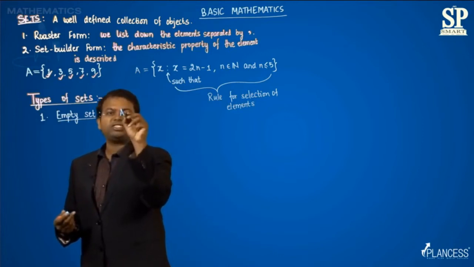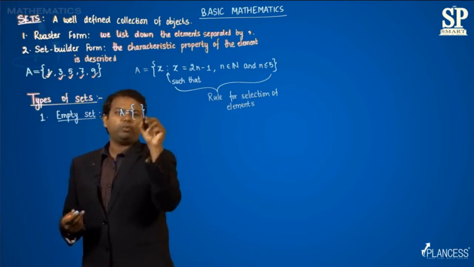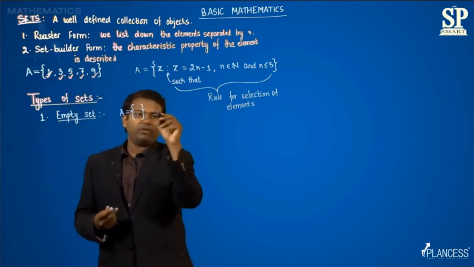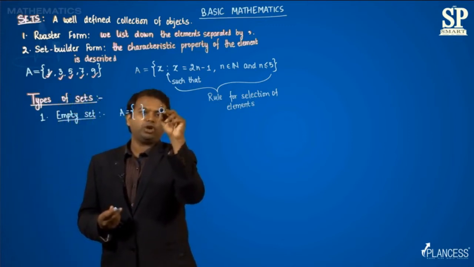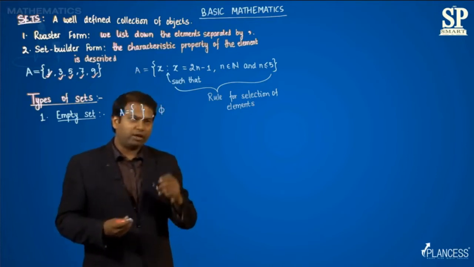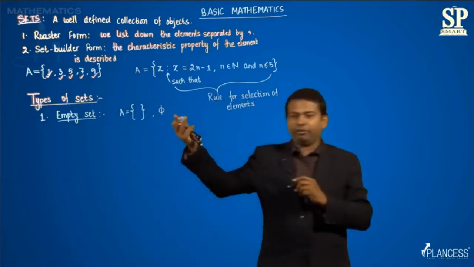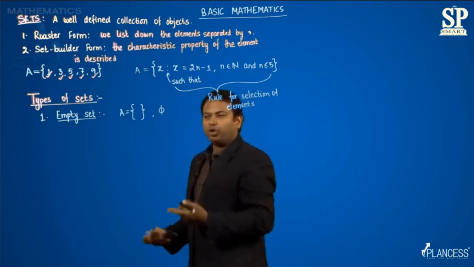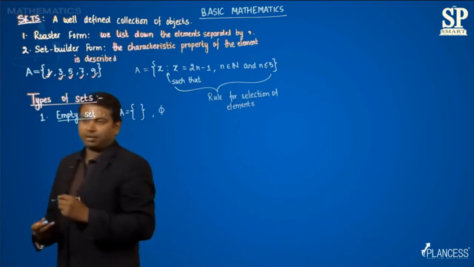So this is just written as A equal to empty brackets, with no element inside it. Another way of representing an empty set is by phi. So if you find this symbol anywhere, then you can say this set has no elements. This is basically an empty set.